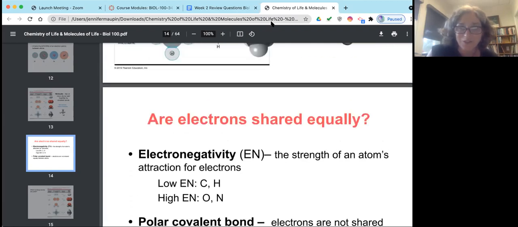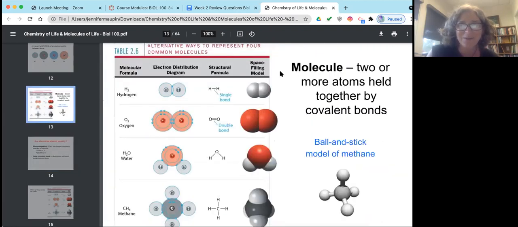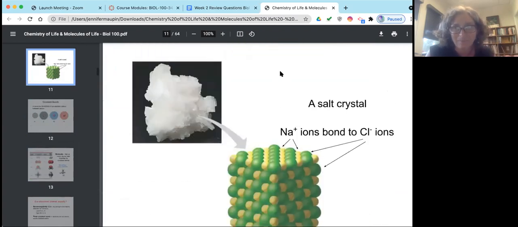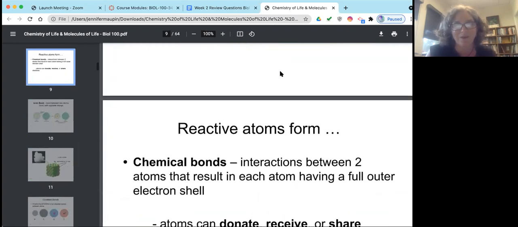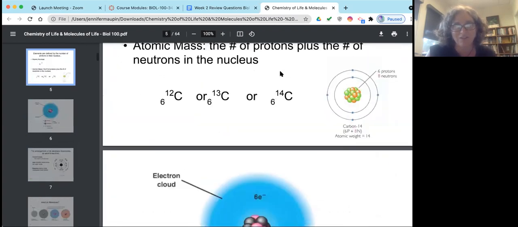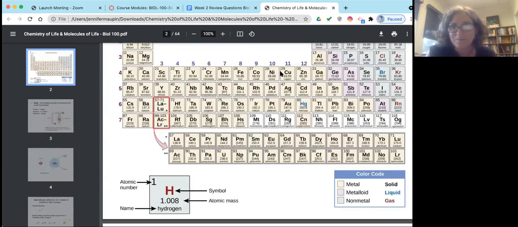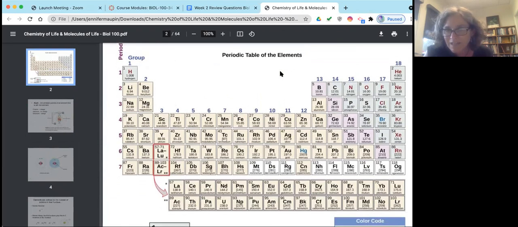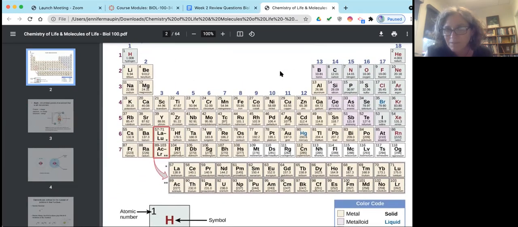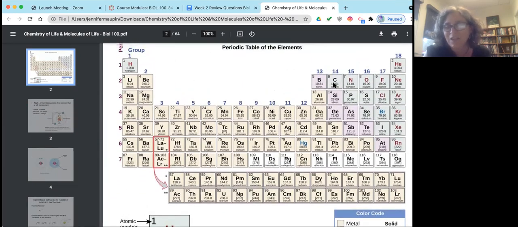I'm not really sure. I'm not a chemist, so this might not be 100% accurate, but let me just tell you about my interpretation of it right now. Let's look at carbon, nitrogen, and oxygen on our periodic table over here. In each of these, you have those two electron shells.